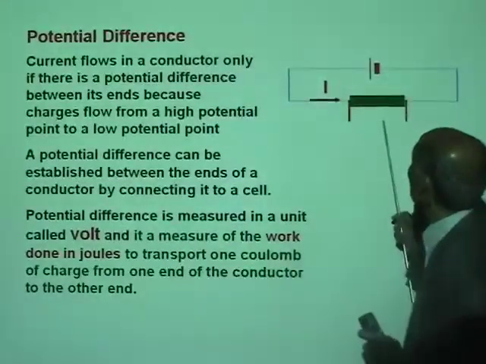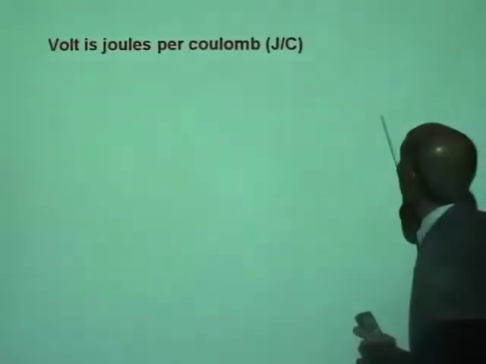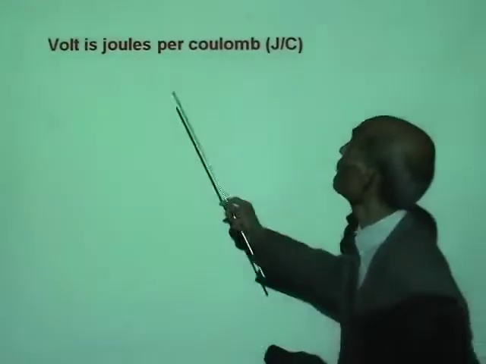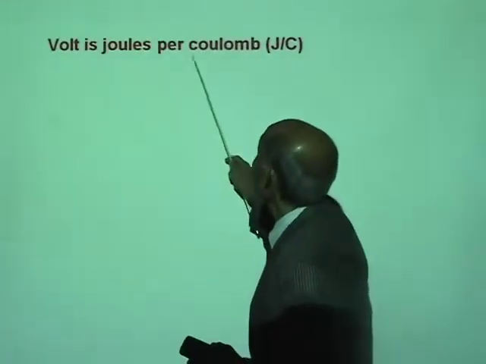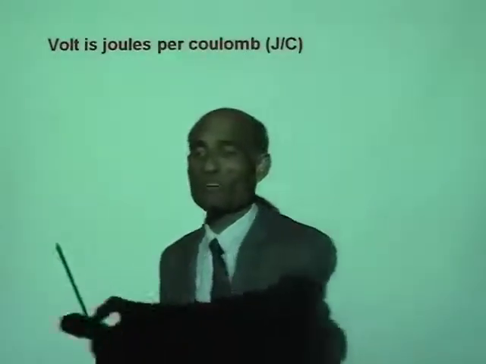So, the potential difference between the ends of a conductor is measured using a voltmeter, and a volt is joules per coulomb.